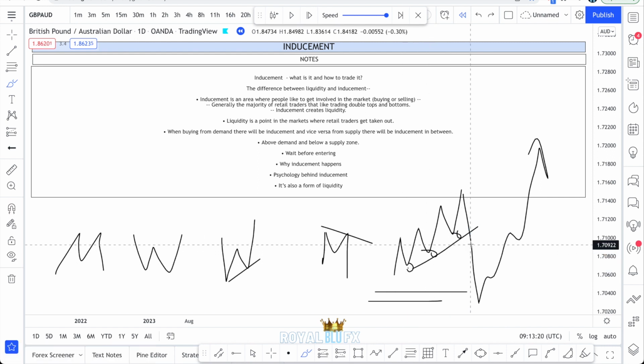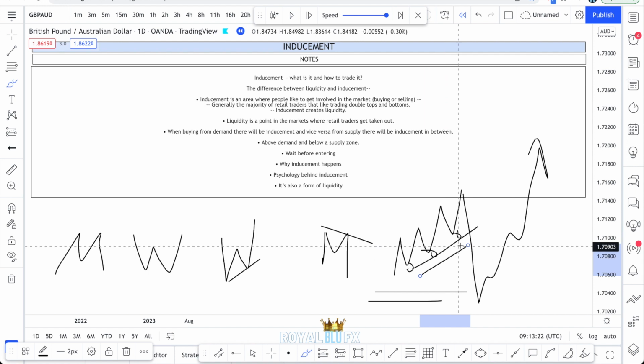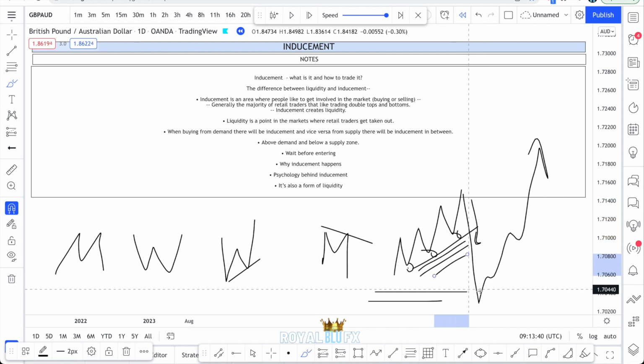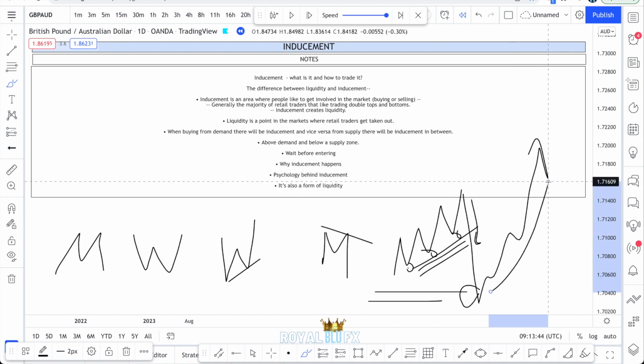Liquidity are orders underneath that retail traders are buying from. They're buying from each level that they're seeing, and liquidity is right below. It's their buying orders. So liquidity is essentially their buying orders that the banks are taking out to then use that money and fuel up the next move to the upside.